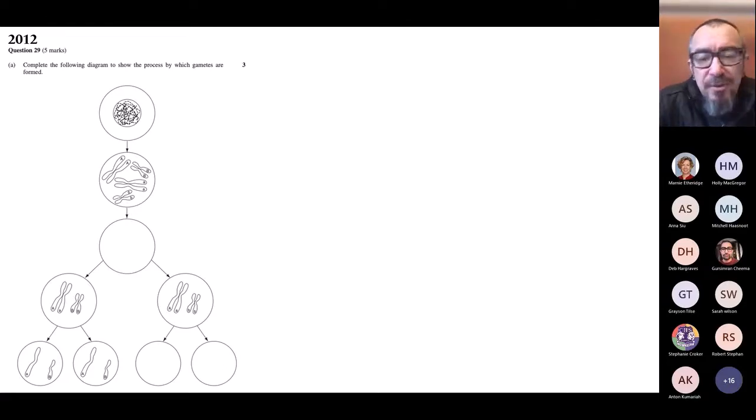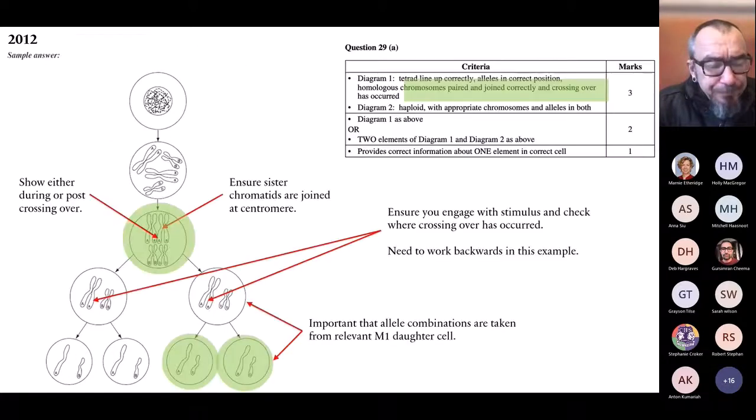Now, this is another really good question to highlight some key points. Again, it's a flow chart that was given to students, and you basically needed to fill in the gaps for 3 marks. It seems like an easy question, but I'll tell you some of the pitfalls where students really messed up, and I'll do that via the next slide. You'll note that you had to follow the sequence and understand that the homologous chromosomes were lining up along the equator of the cell.